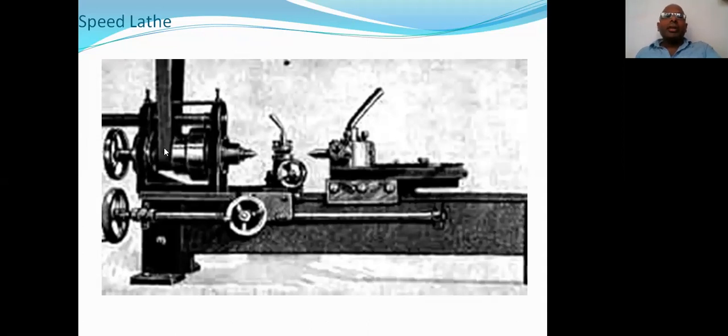If we observe, here one stepped pulley is provided. By using the stepped pulley, by varying the position of the belt, we may provide variable speeds. In some situations, if the material is somewhat hard, in that case we are supposed to choose slow speed.